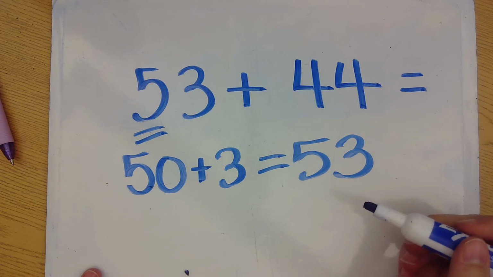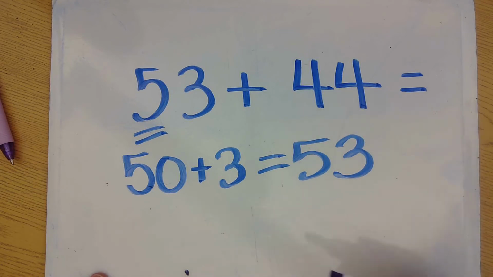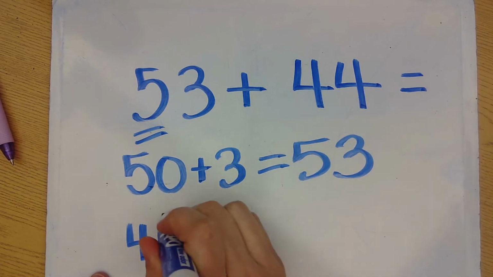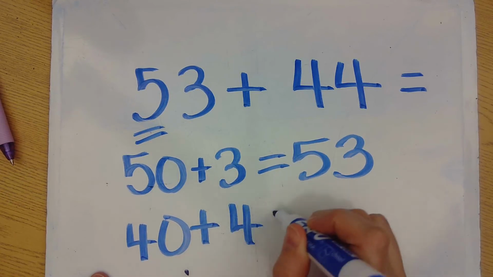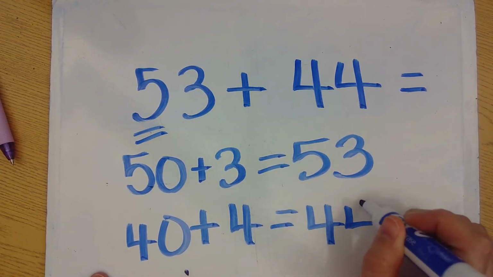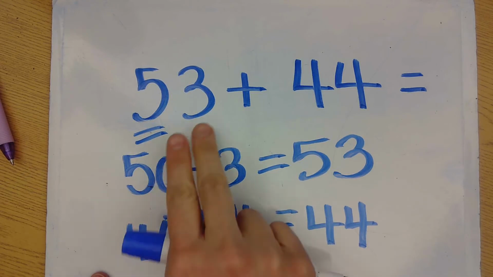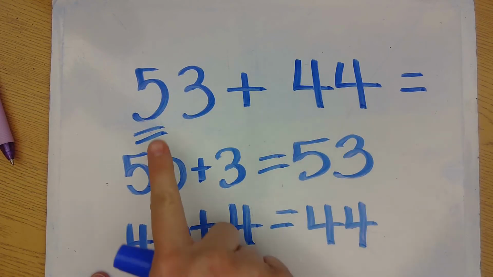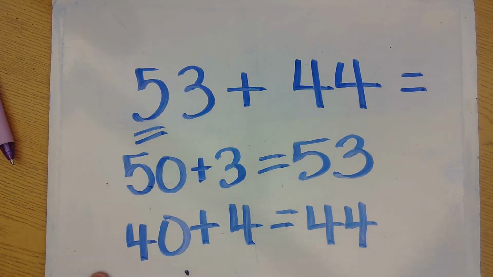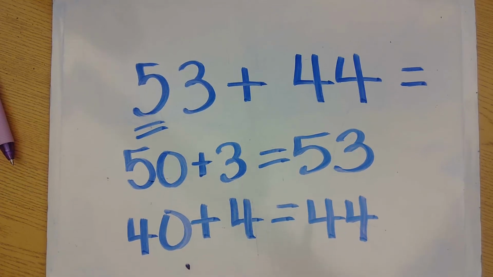The expanded form of 44 would be 40 plus 4 equals 44. Basically, what we do is we break these numbers apart and we say how many tens there are and how many ones there are. And we make an adding problem. That's called expanded form.